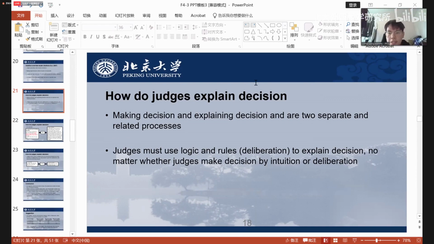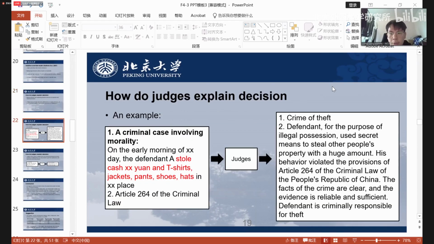So how do judges explain their decisions? They never explain how they reached their decision in mind, but they just use logic and rules to explain, to give a paragraph or a sentence about how this legal decision was made by legal rules. For example, this is an example of how judges give an explanation.